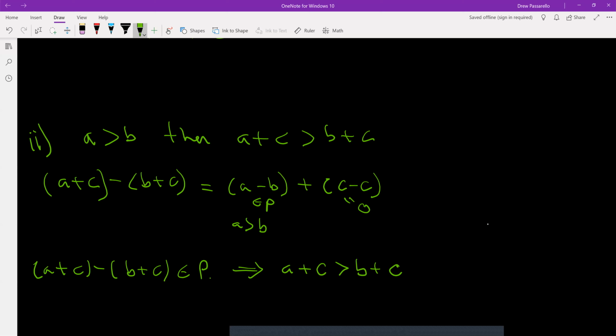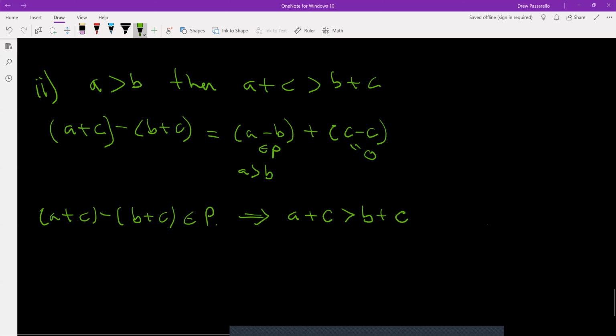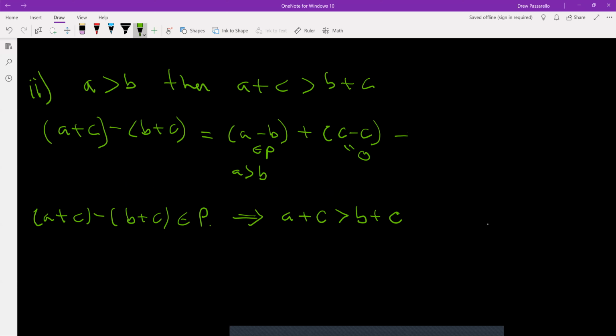So I didn't write it as descriptive this time. Right, because this equaled A minus B, because 0 makes it go back to this, and we know A minus B is in P.